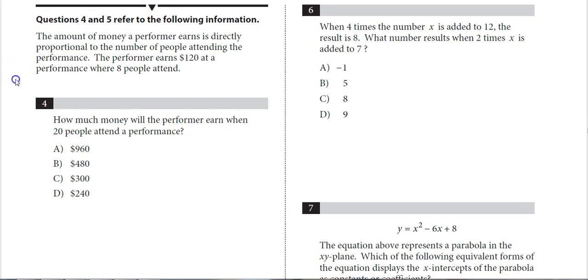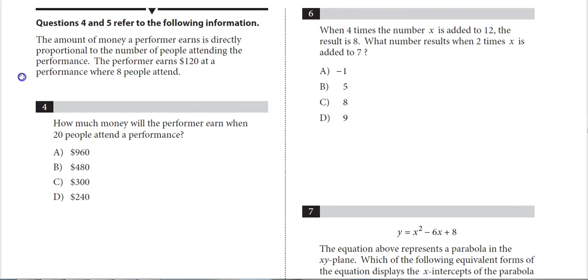Right away, I could find out a per person amount if I wanted to. If I get $120 divided by 8 people, that comes out to be $15 per person. Now, I don't know if I'm going to need this, but my mind just went that way, so I wanted to figure out how much that was per person.